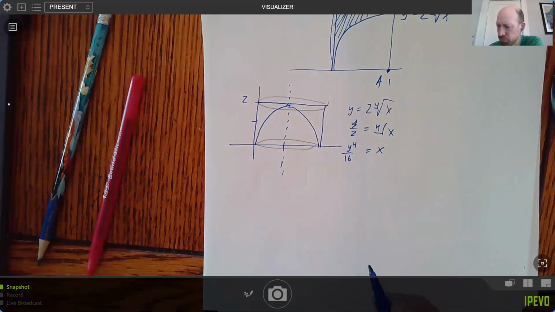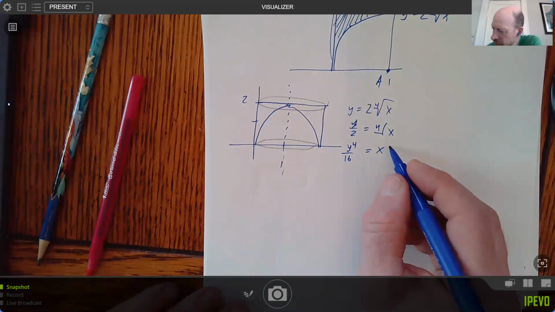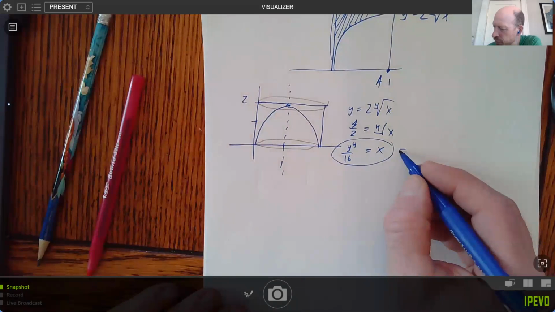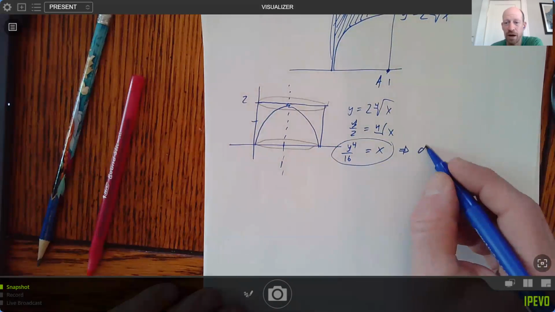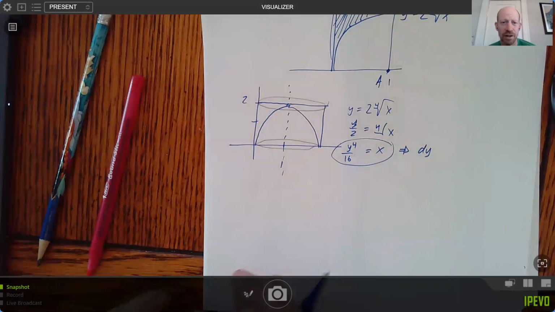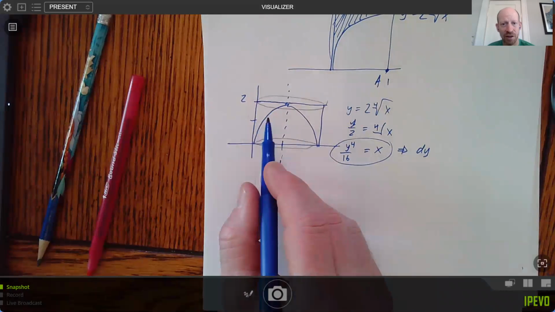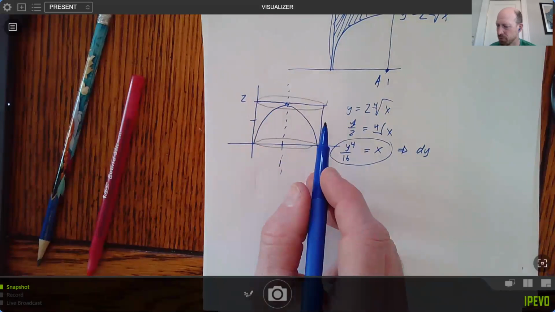So the choice is up to you, but I would say this implies that I would prefer dy. It's easy for me to change the x's into y's, which is a dy, which is slicing horizontally, or perpendicular.